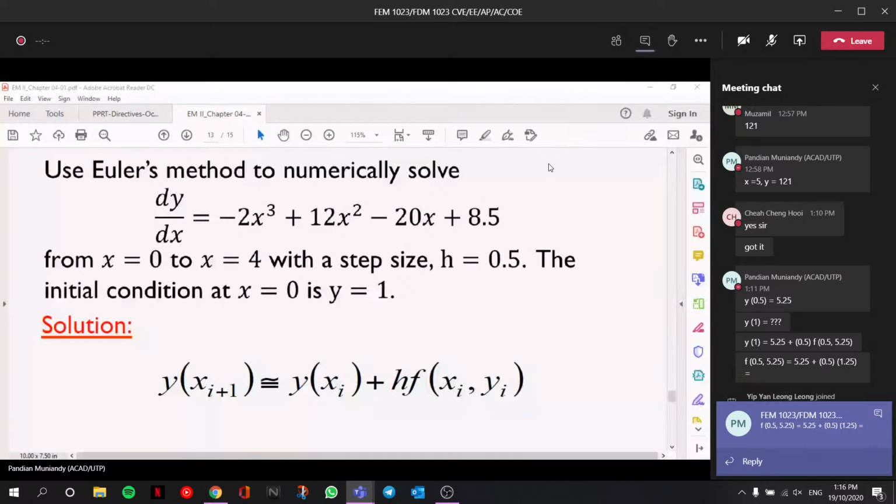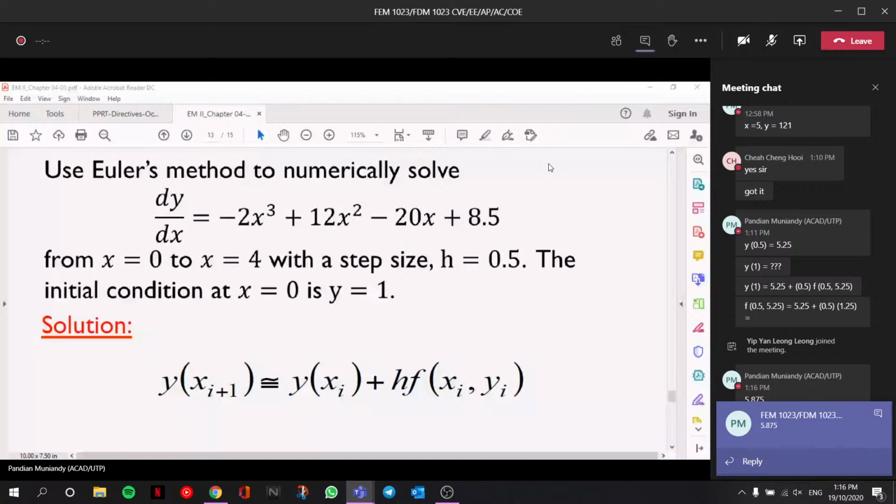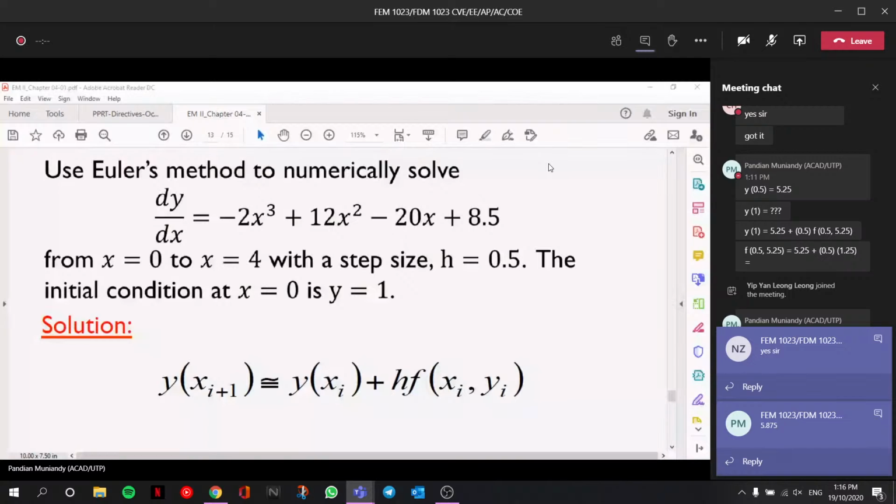So 5.25 plus 0.5 multiplied by 1.25. So you should be able to get 5.875. Can you verify this, class? This is y at x1.